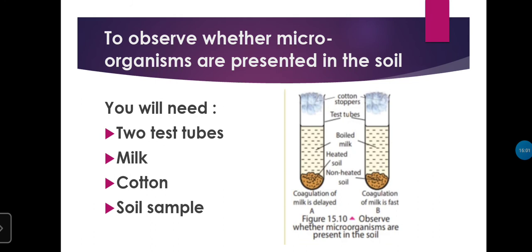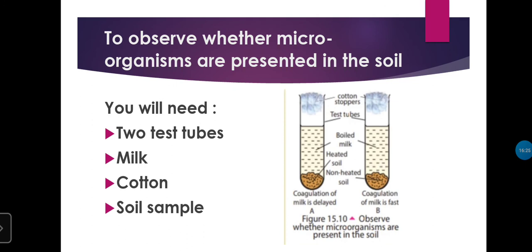Okay, coagulation will happen only if there are microorganisms. In test tube A, we put heated soil. If it is heated soil, there mustn't be microorganisms, so the coagulation is delayed. Coagulating slowly.